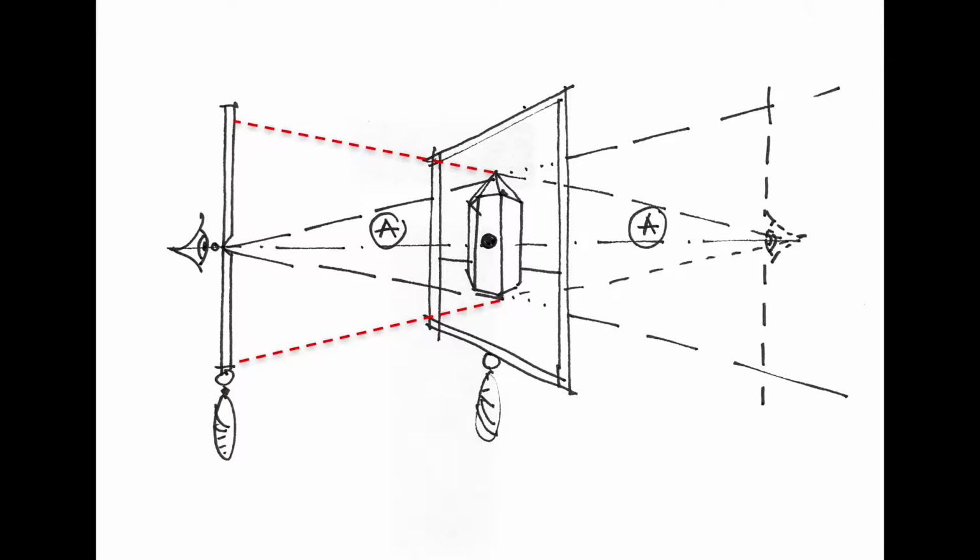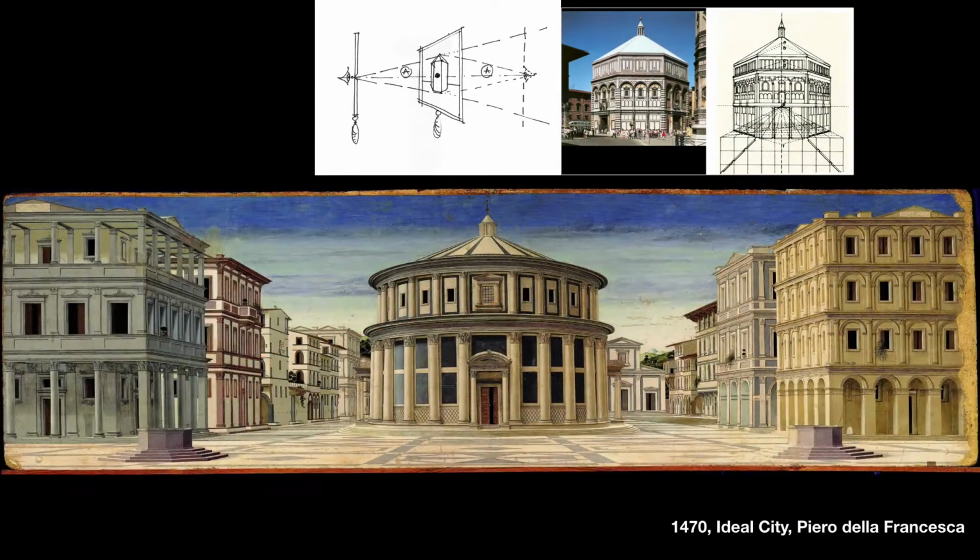So there is this kind of double cone or double pyramid of vision with a potential or imaginary self on the other side as the focal point. So the focal point becomes actually an invisible eye.